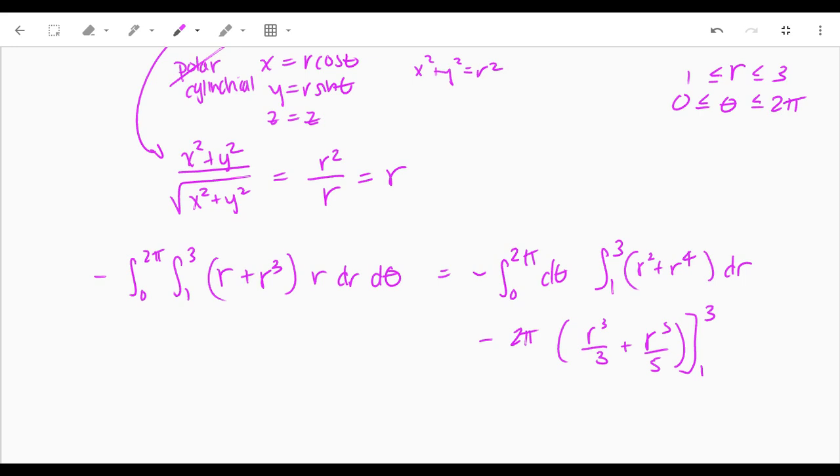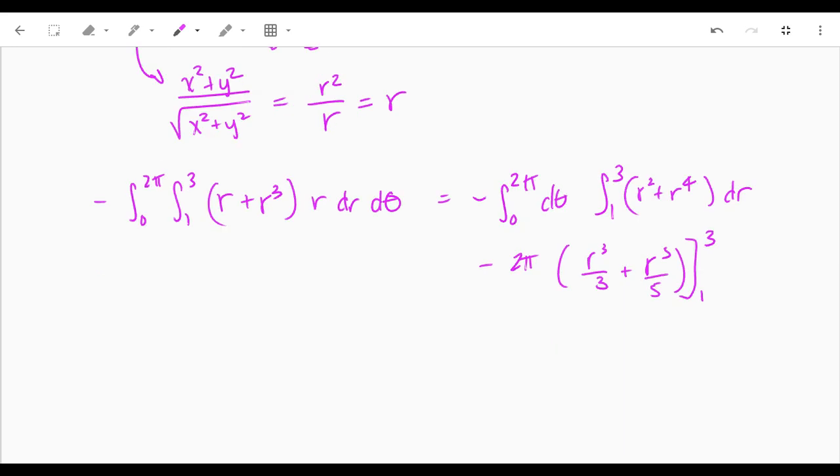Okay, might get some big numbers here. Negative 2 pi. r cubed will have 27 over 3, so that's going to be 9, plus 3 to the 4th is 81, so 243 over 5, minus 1/3 plus 1/5.